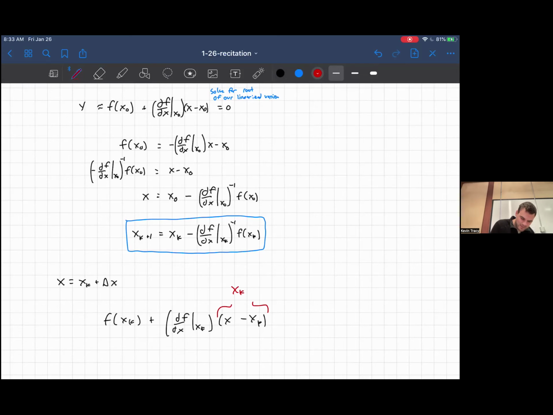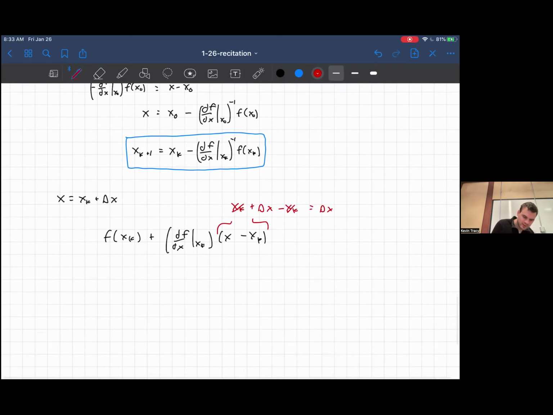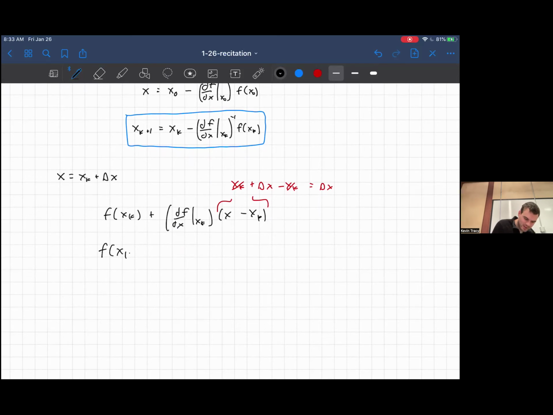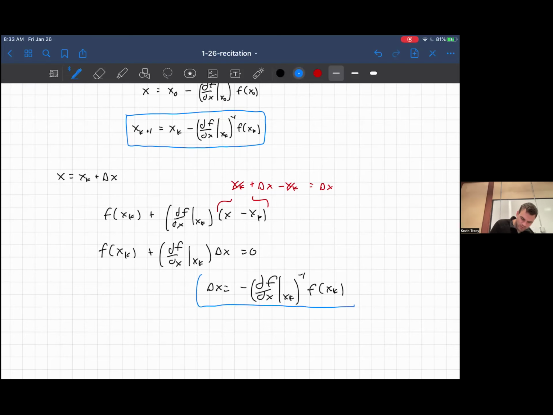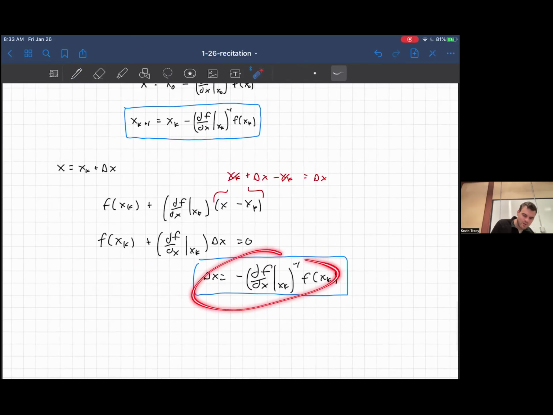This is xk plus delta x minus xk equals delta x, because these things cancel. So all this tells me is that I can write this out as f of xk plus df/dx at xk times delta x equals 0. And then delta x equals negative df/dx inverse times f. So these are the two versions of Newton's method you'll see. They're the exact same. One of them uses a delta and one of them just gives us the recursion.